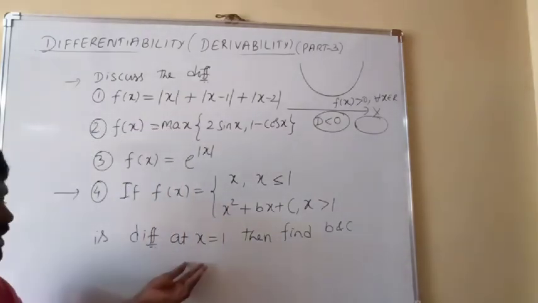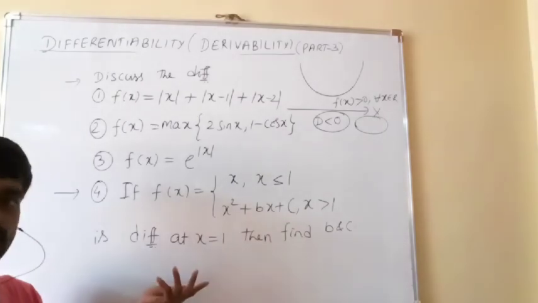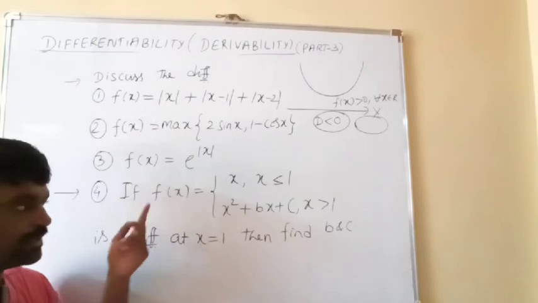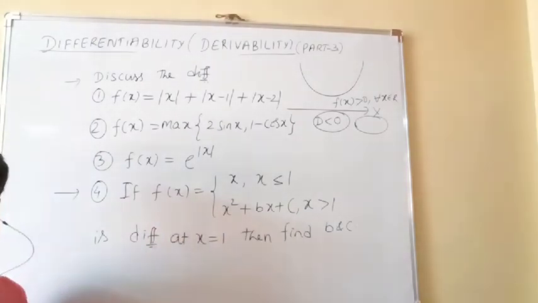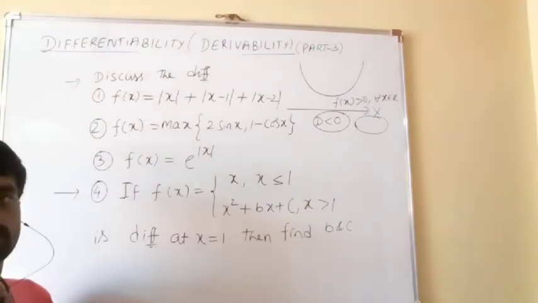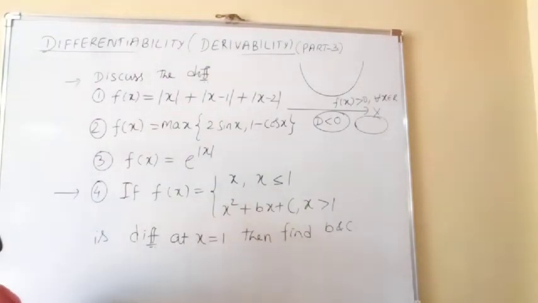So as it is differentiable at x is equal to 1, it is continuous also. So if it is continuous at 1, you will get one condition. It is differentiable at 1, you will get one more condition. So using those two conditions you will get b and c values.